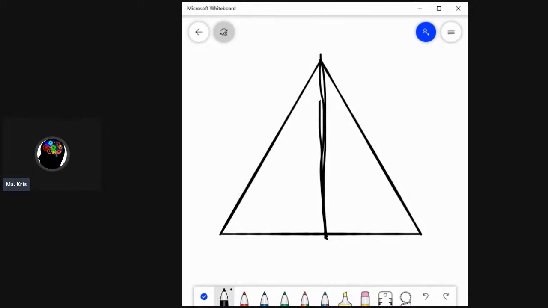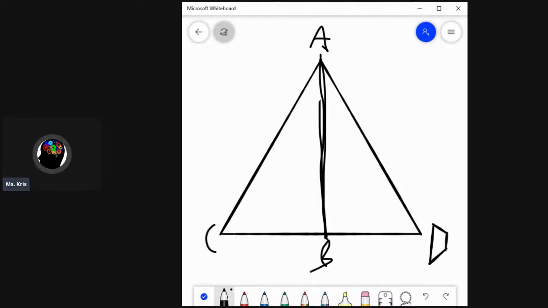So, say for instance, your triangle ABC and your triangle ABD has to be proven that they're congruent and that side CB is congruent to side DB.